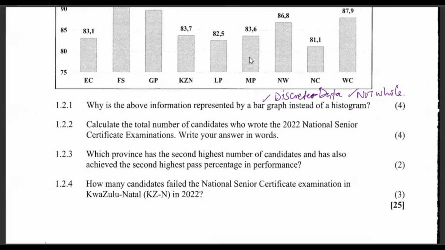Calculate the total number of candidates who wrote the 2022 National Senior Certificate and write your answer in words.